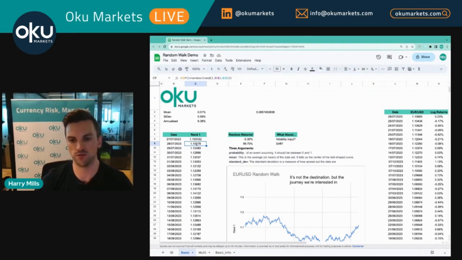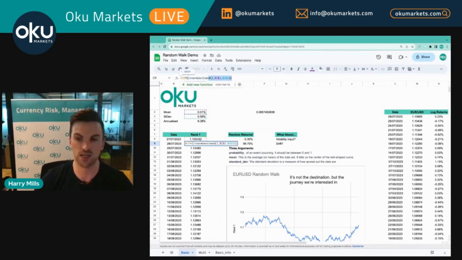So how do we do it? Relatively simply, multiply the previous day exchange rate by 1 plus, and then there's our random price change. So in order to do that, we're going to randomize the probability, and then we're going to use the actual log returns mean and the actual log returns standard deviation, and then just drag it down. So there's the formula.